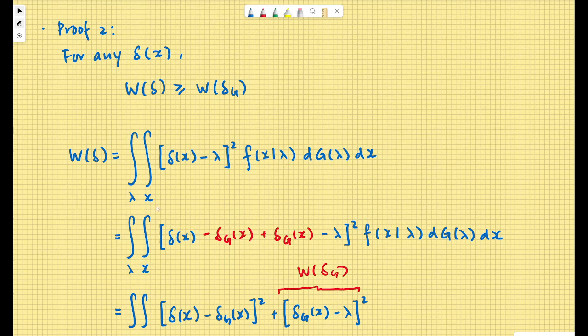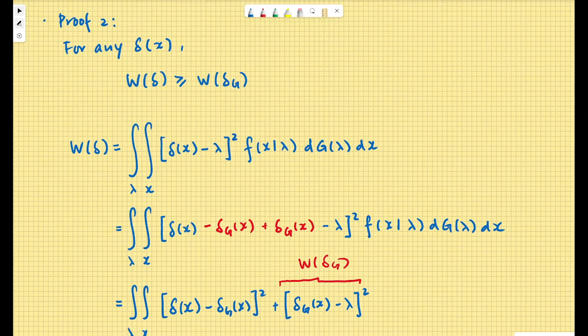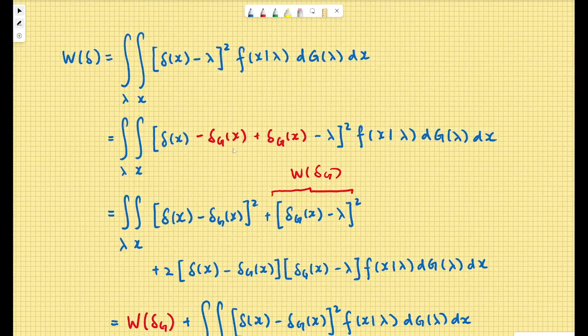Now, once again, I write down the definition of Bayes risk here, the expected value of the loss function over x and delta. And the algebraic manipulation that I do here is just minus and plus delta G, okay, because I want to split it into three different terms. And then I break the parentheses.